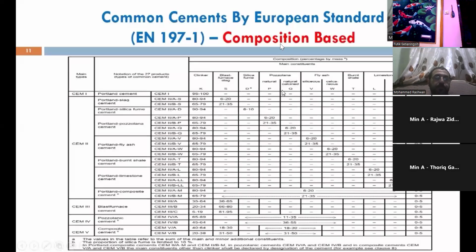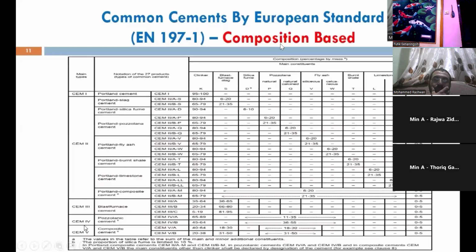If we add pozzolana, natural or calcined, the produced cement is named Portland pozzolana cement. And for pozzolana cement, there are four subdivisions, according to the percent of clinker, the percent of the natural pozzolana, and the type of pozzolana, whether natural or calcined, and so on.